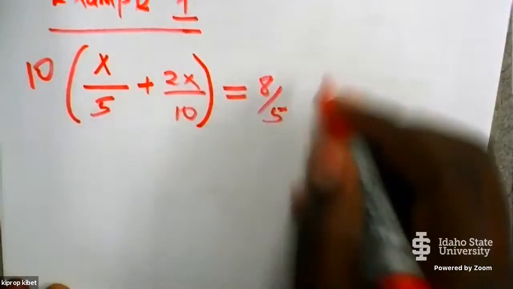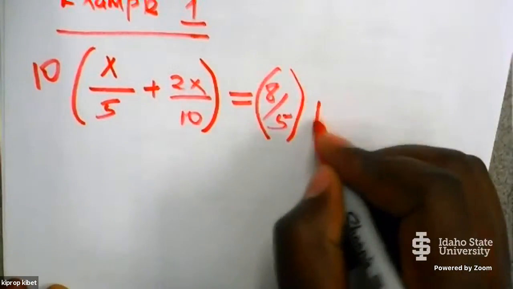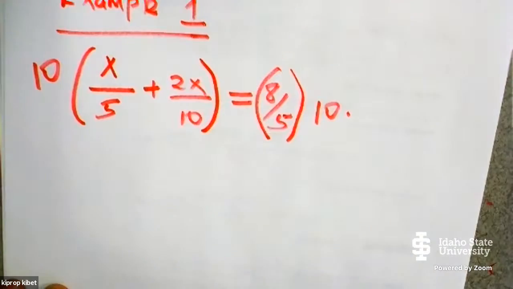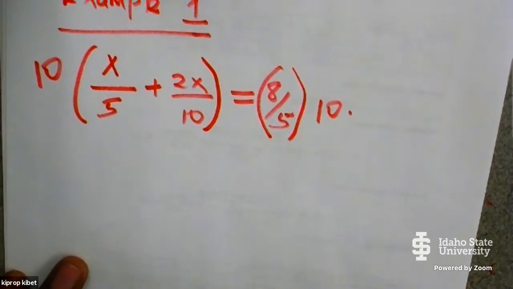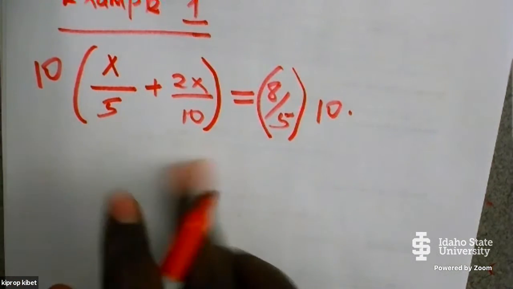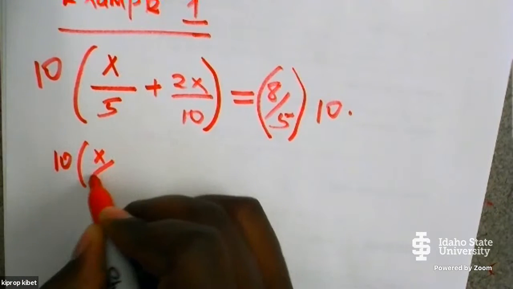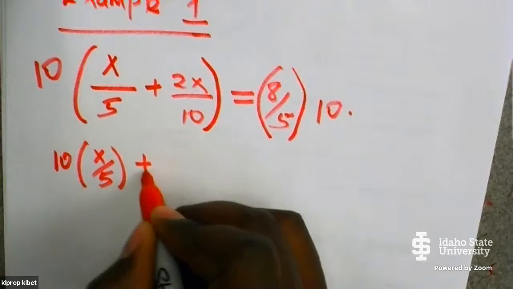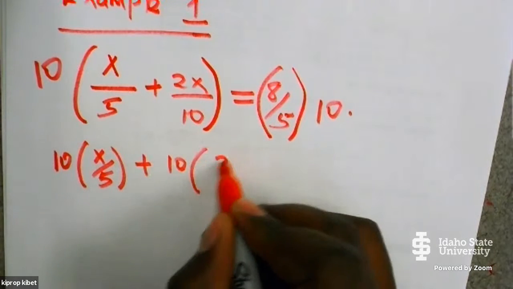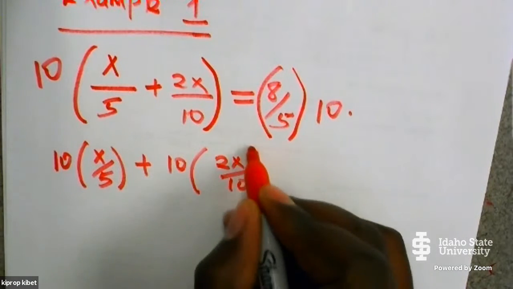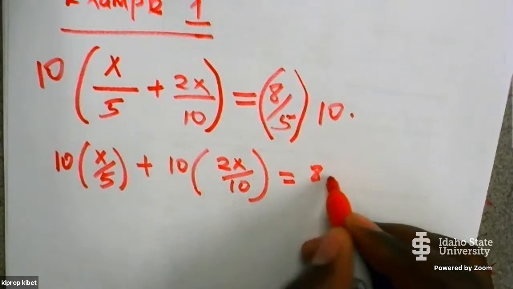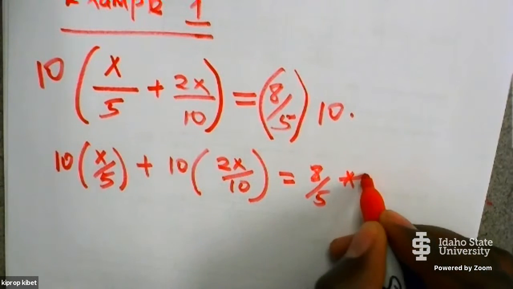What you do on one side, you do on the other side. You multiply by 10 and open the brackets: 10x all over 5 plus 10 times 2x all over 10 equals 8 all over 5 multiplied by 10.